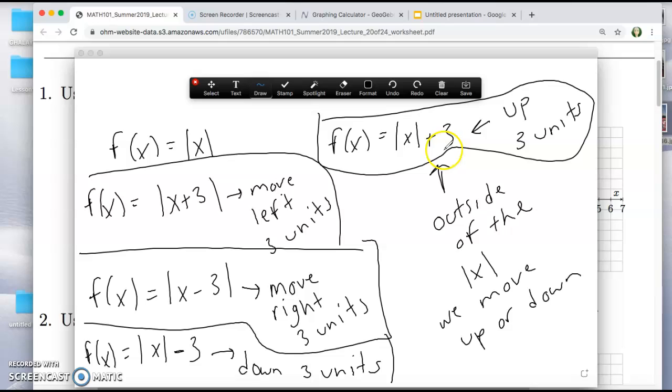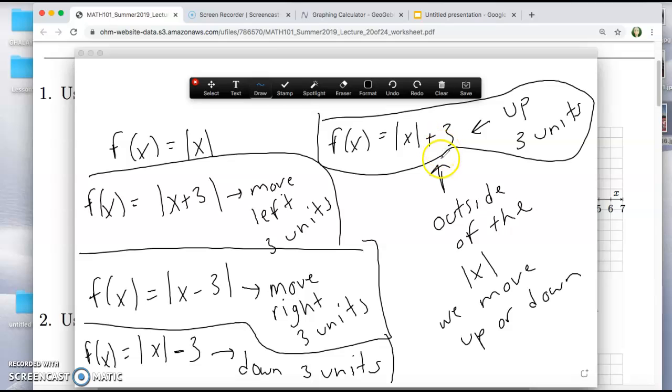That's why I move up or down when I add or subtract a constant to the function. So I'm changing on the x-axis, and the x-axis moves up or down.